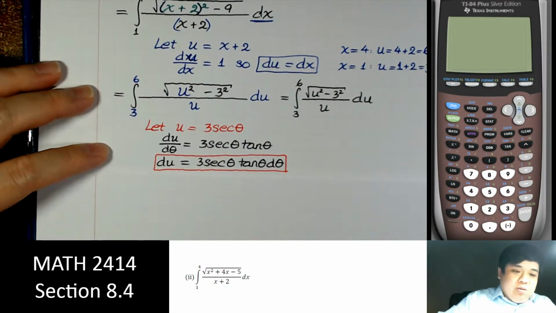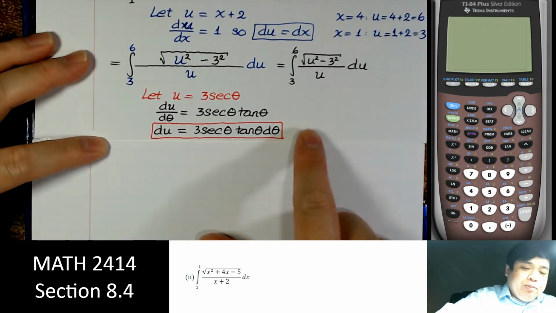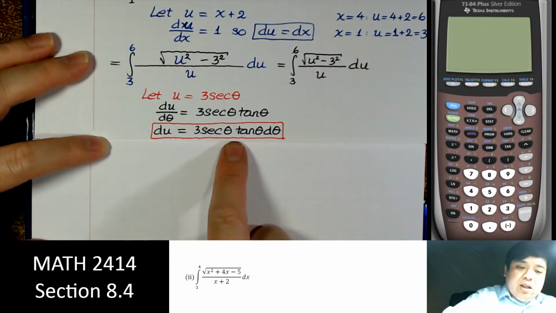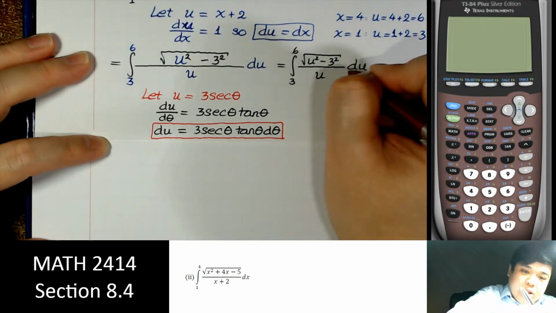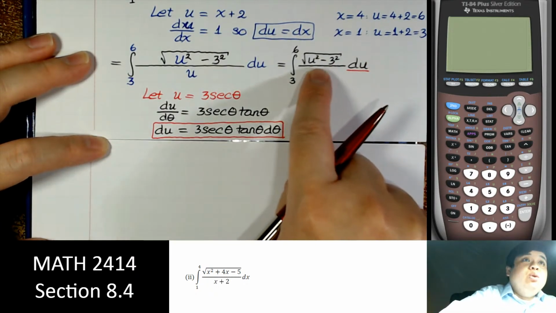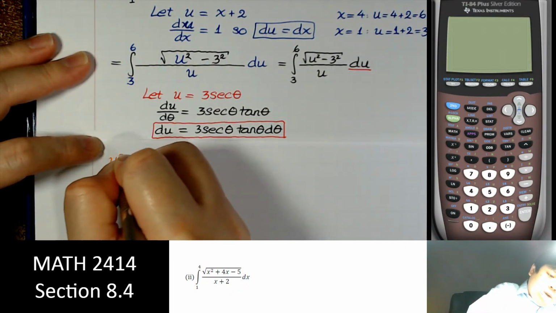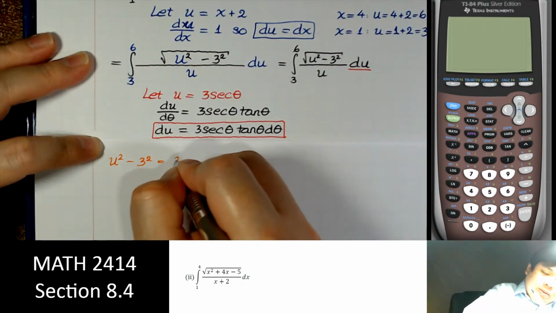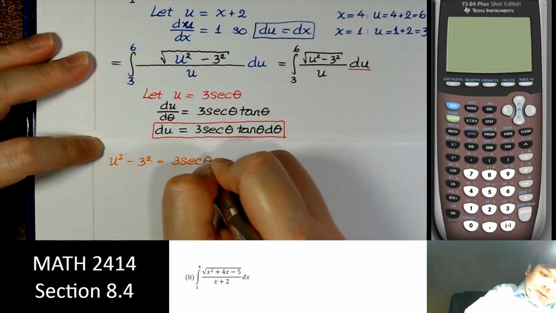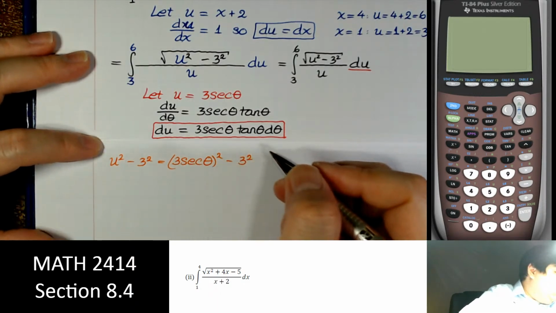Anyway, it's not that bad, right? Now, what's next? So we have the du, which is good. Now we just need to do the u square minus 3 square, turn those 2 terms into 1. So u square minus 3 square, u is 3 secant theta, minus 3 square.